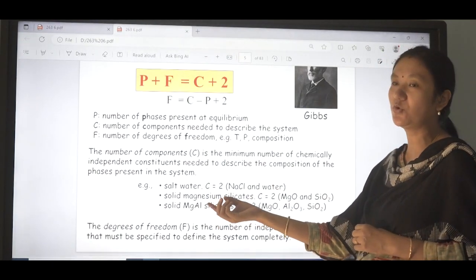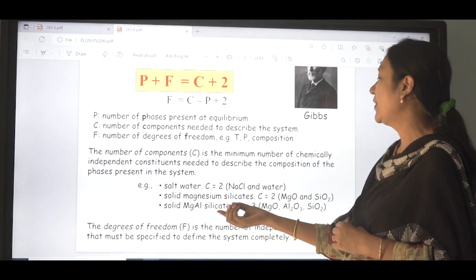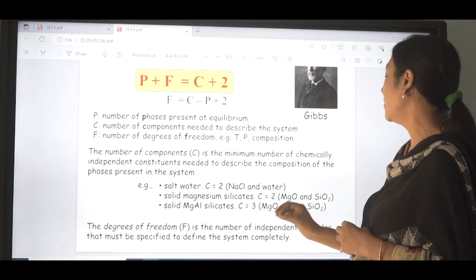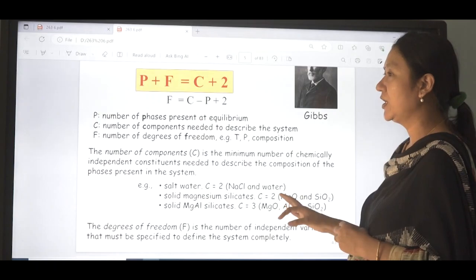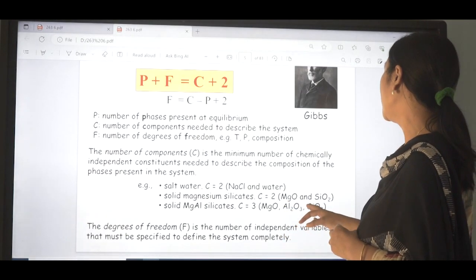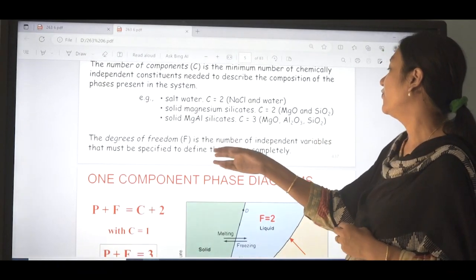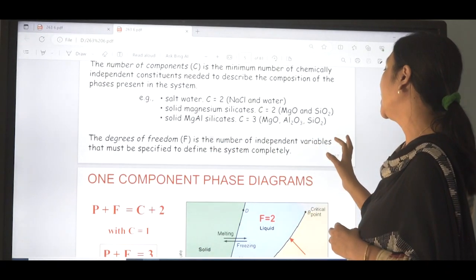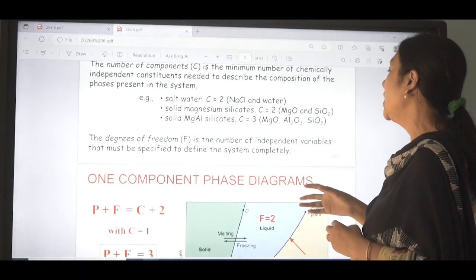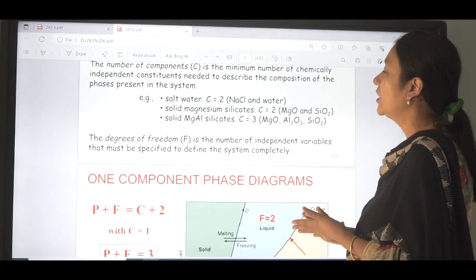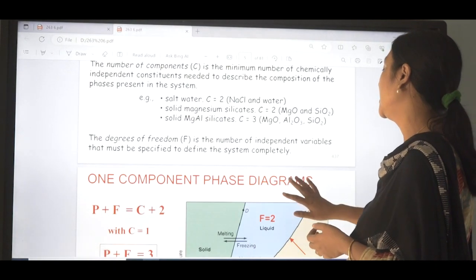In the case of solid magnesium aluminum silicate, the number of components is 3, because it has 3 totally different components: magnesium oxide, aluminum oxide, and silicon dioxide. The degree of freedom is the number of independent variables that must be specified. That can be pressure, temperature, composition, etc.